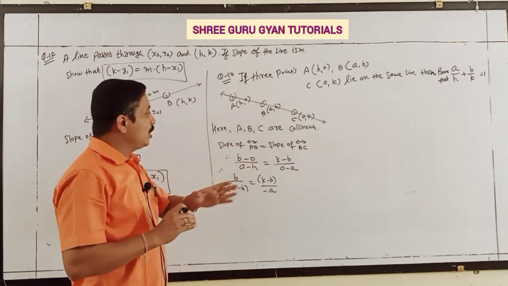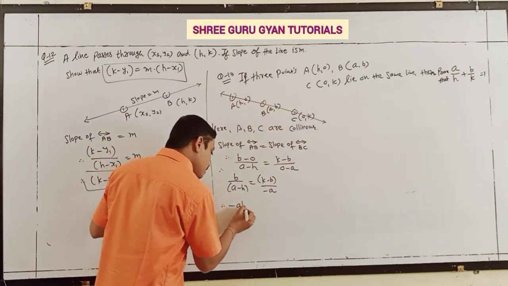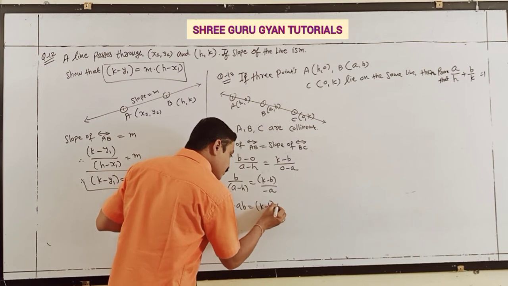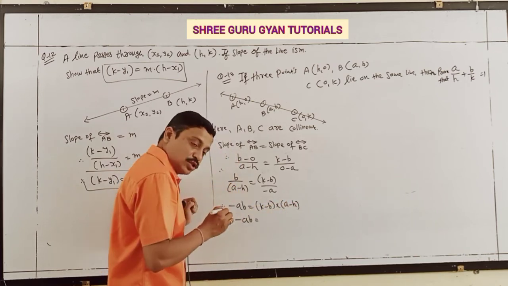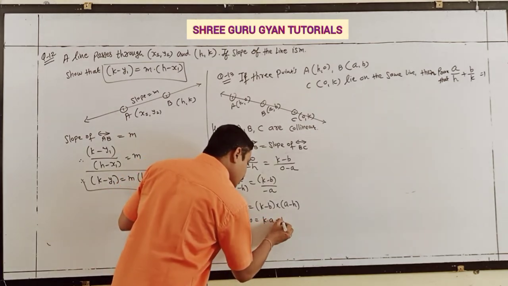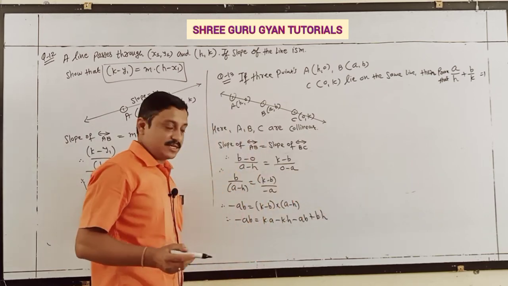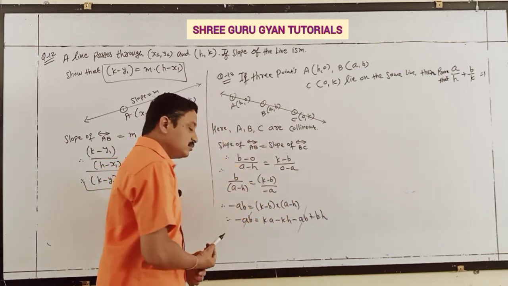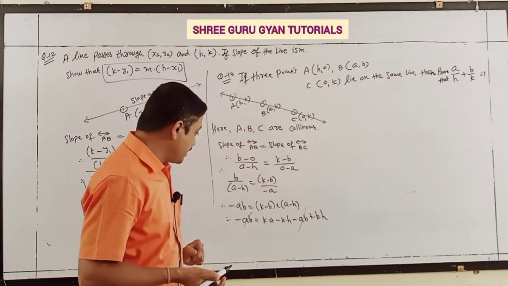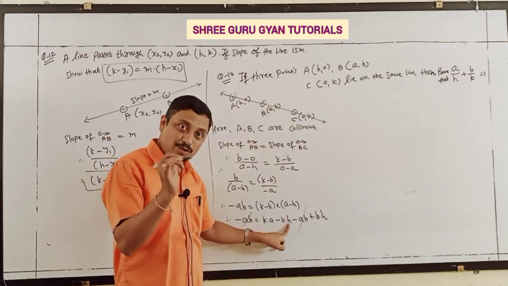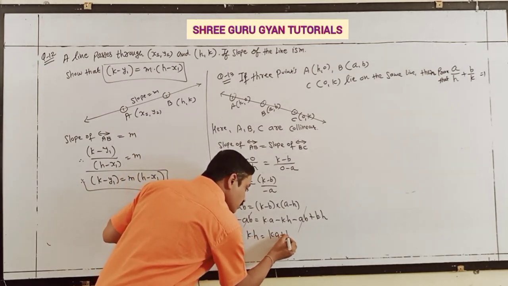Now, students, we can apply cross multiplication. So minus ab equals (k minus b) into (a minus h). Expanding both sides: ka minus kh minus ab plus bh. Easily, the ab and ab are gone because both are minus. And my target is to achieve 1. So I write kh on the left: kh equals ka plus bh.